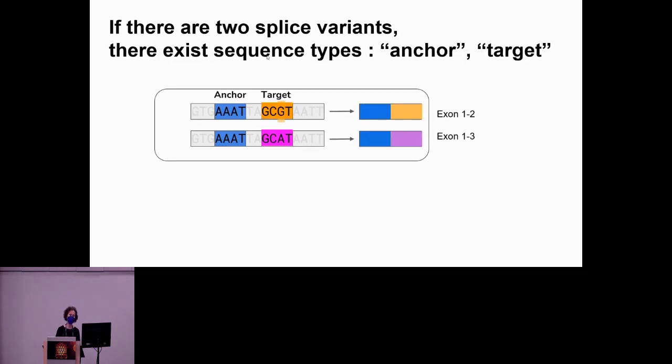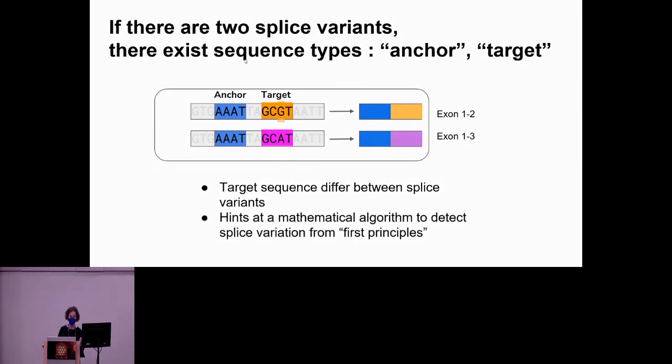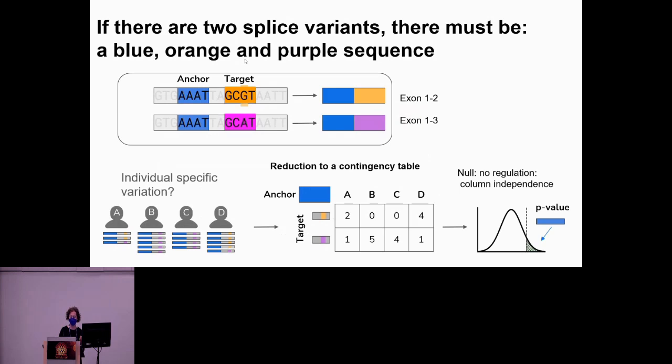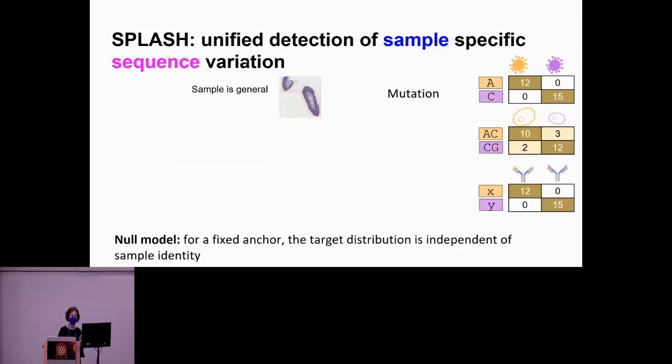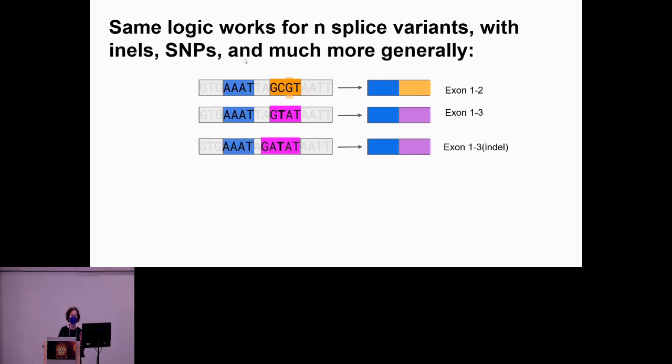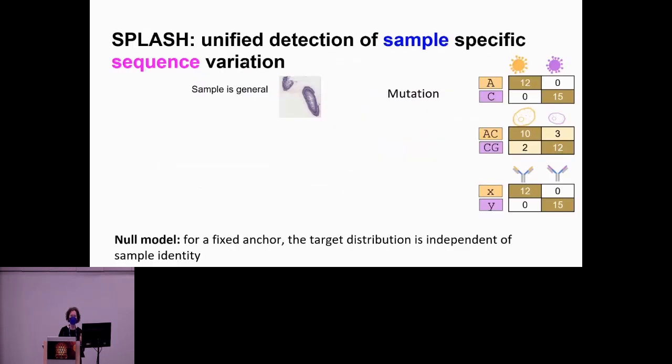Okay, so whenever you have this, then SPLASH will develop a test for whether the ratio of orange to purple is different in different samples. And this hints at an algorithm that I'm going to skip over for time that allows us essentially to detect myriad forms of genetic regulation, including at the DNA and RNA level, from mutations to splicing to VDJ recombination and more.